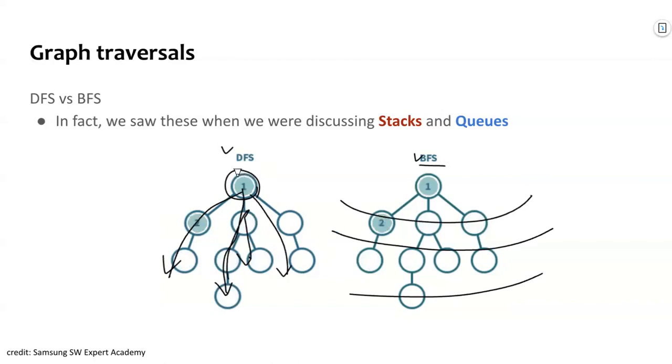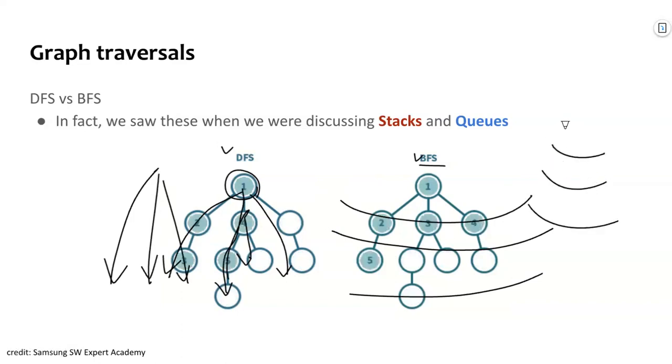So the configuration of DFS and BFS looks quite different. DFS goes like this. However, BFS goes like this. So in Korean, it is called 응고선.